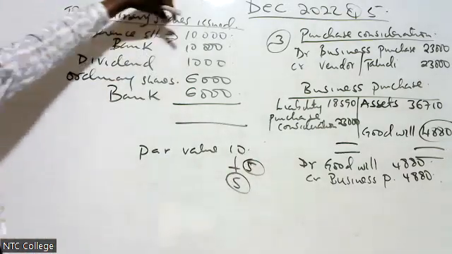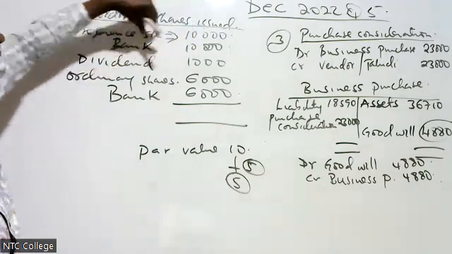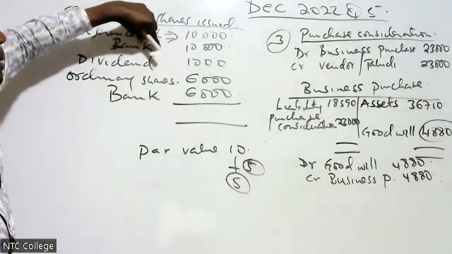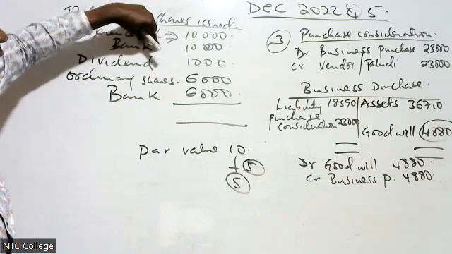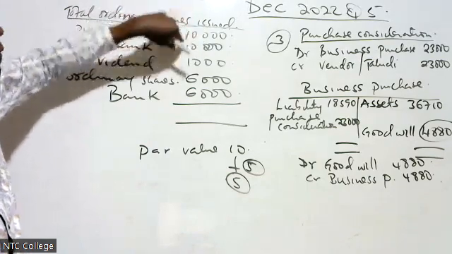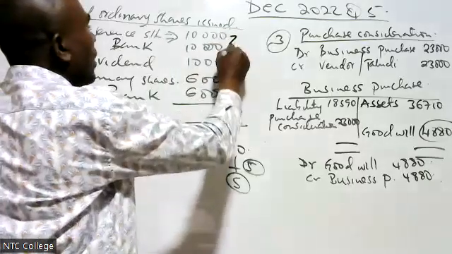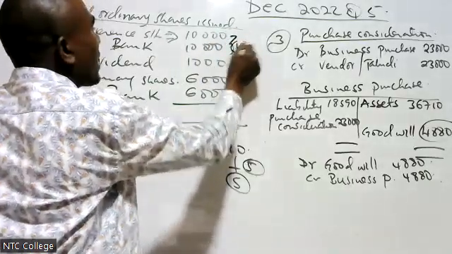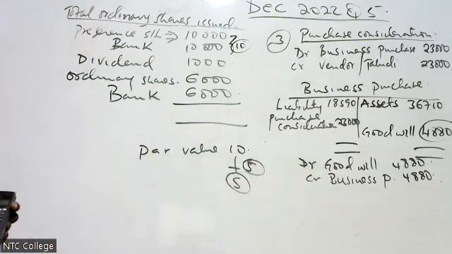That is why we are recognizing what we gave them, and now we add what they are giving us in cash. This one is only paid at shillings 5, therefore they are adding so that it becomes shillings 10 per value.